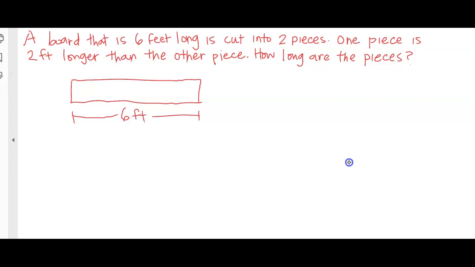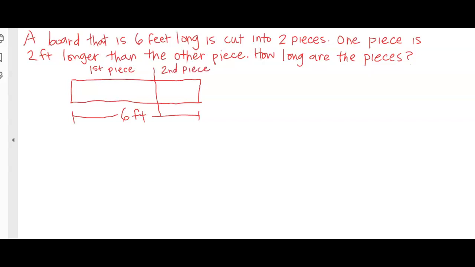It doesn't tell me that they're equal, so I'm just going to cut it here. One piece is 2 feet longer than the other piece. I'll call this my first piece and my second piece, just to have a way to label it.